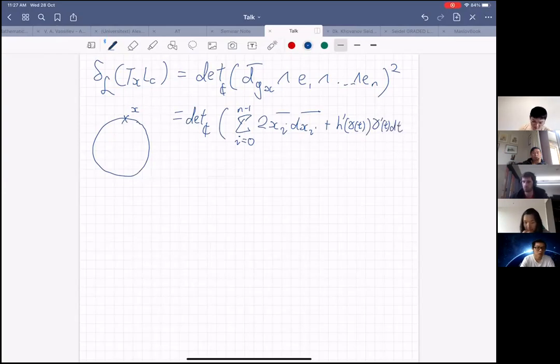This is what you get from the differential of g x. To be convenient, pick e1 up to en as the dxi bar, so my e1 to en are dx 0 up to probably dx n minus 2 and then wedge dt.